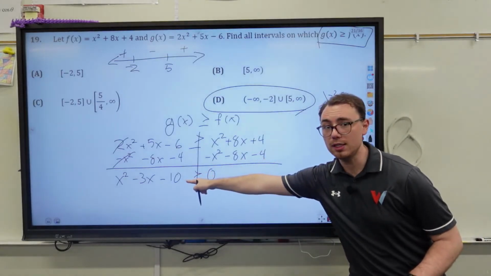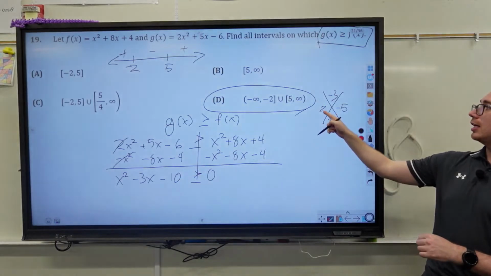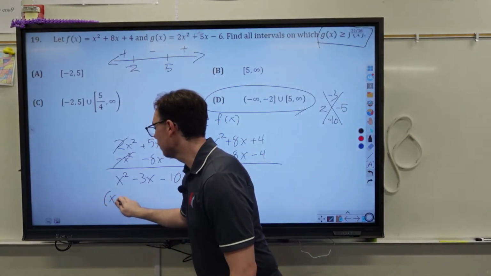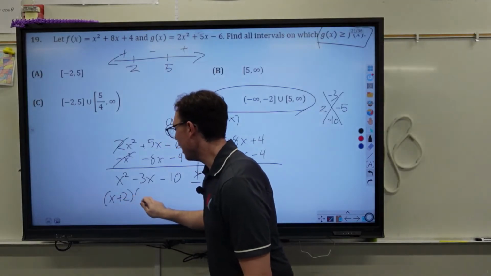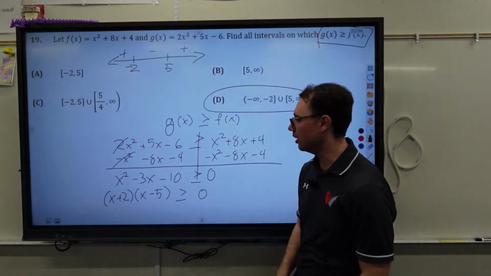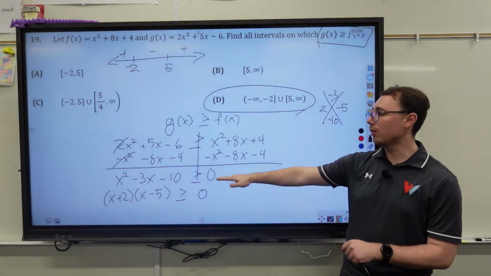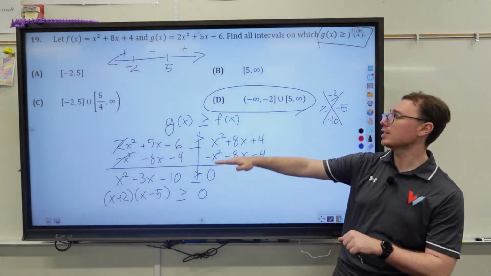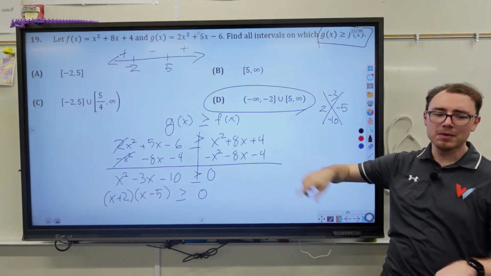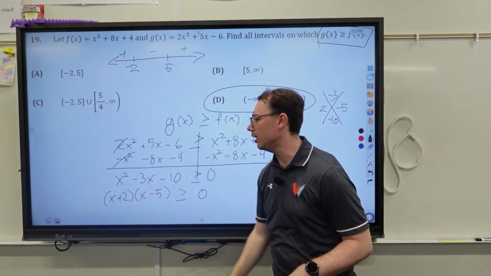From this point here, I'm now able to factor this equation by just taking 2 and 5, which gives us that factored version of x plus 2, x minus 5 is still greater than or equal to 0. If we solve out this inequality, we then solve out the inequality which solves out our main inequality. So for that original question, it was just that little thing here.